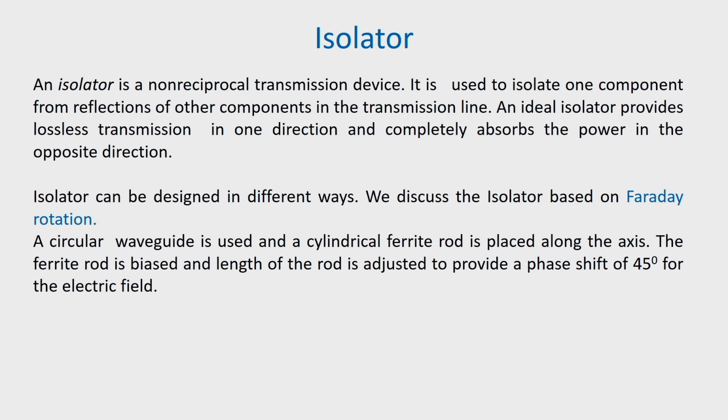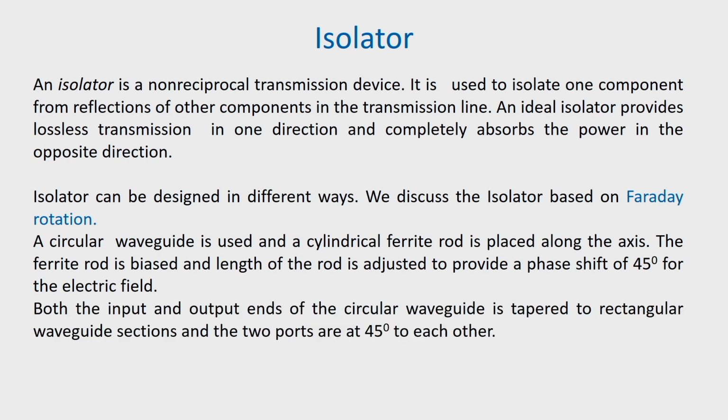We have seen that Faraday rotation will rotate the polarization of the electric field. So, the length of the rod and the bias are adjusted so that the polarization rotates by 45 degree.